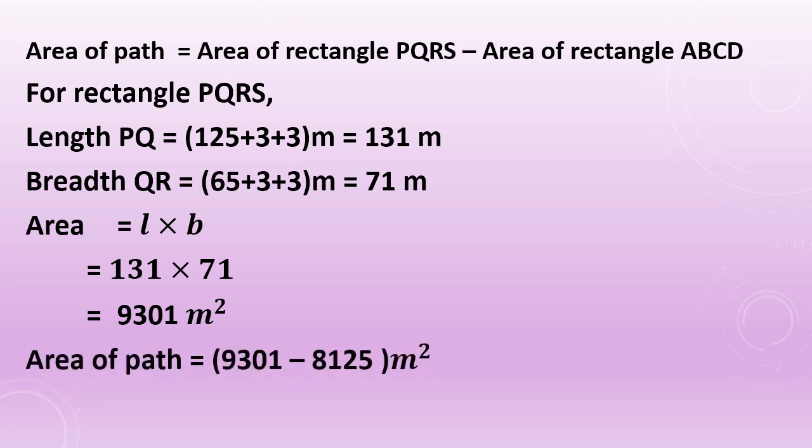Now area of path equals area of outer rectangle minus area of inner rectangle, that is 9301 meter square minus 8125 meter square, which equals 1176 meter square, which is the area of the path.